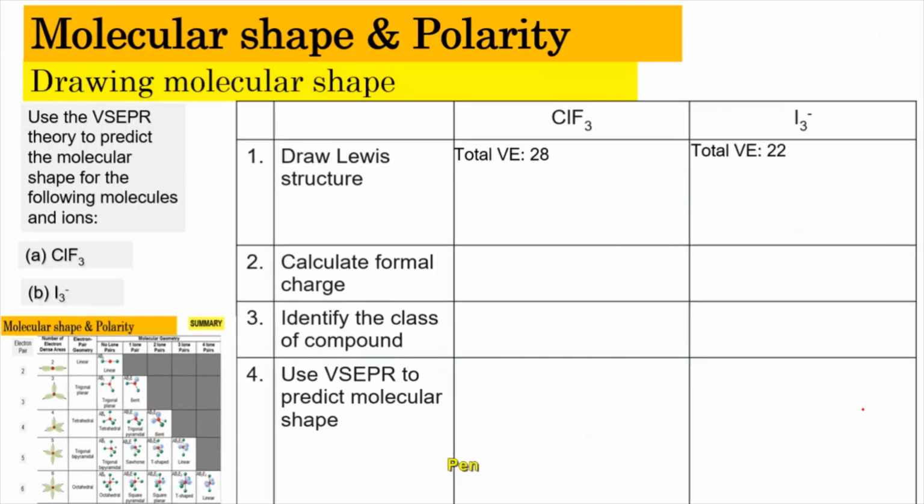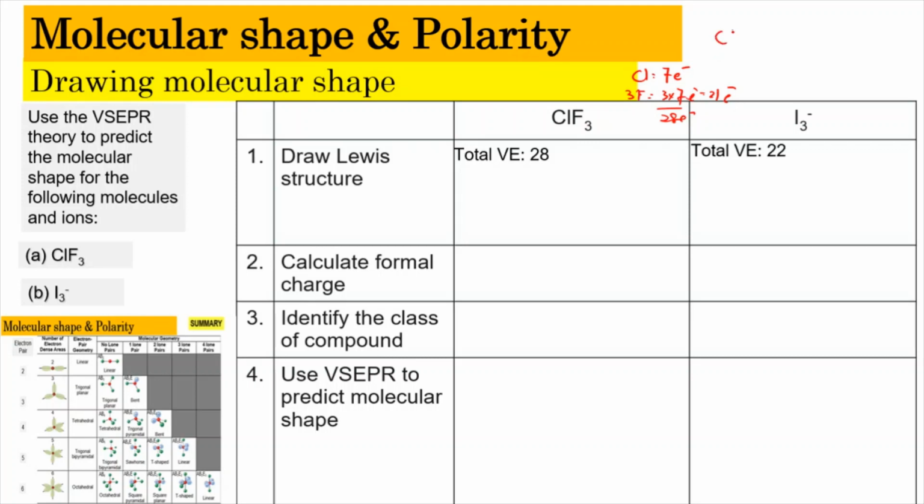Okay, now we're going to look into the next example, which is ClF3. So similarly, the same process as before, calculate the total valence electrons. Cl has 7, and 3 fluorine means 3 times 7, 21. So 7 plus 21 is going to be 28 electrons, which is the same as here. So Cl is going to be the central atom because Cl is more electropositive than fluorine.